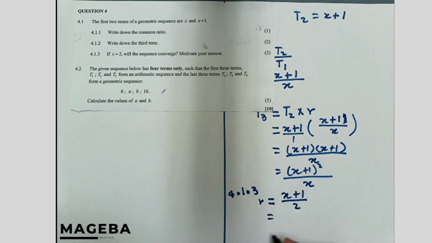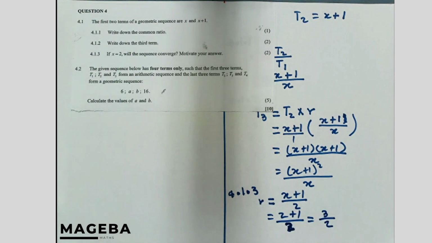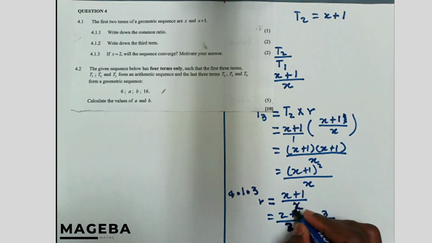Now let's substitute our x, which is 2: 2 plus 1 is 3, over 2, sorry guys, this is 2. Yes, it's going to be 3 over 2. Sorry about that. This was x here, then we substitute.